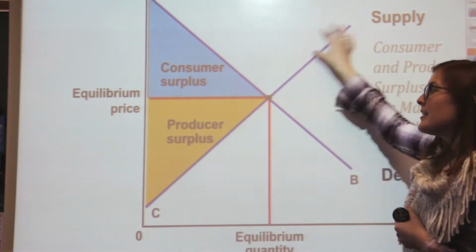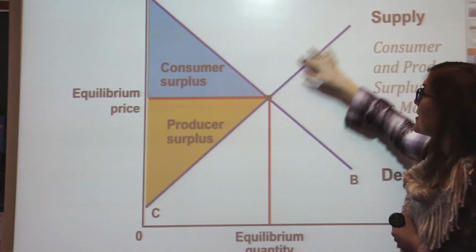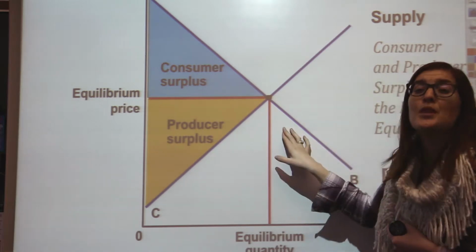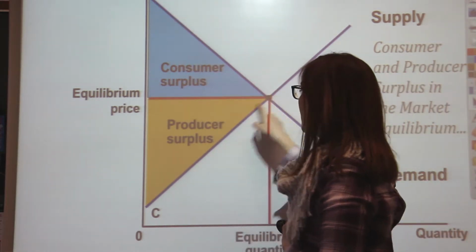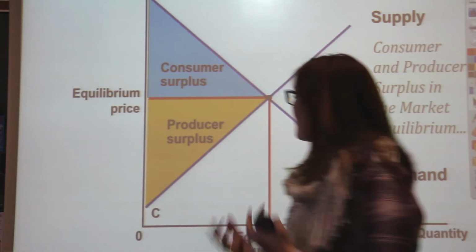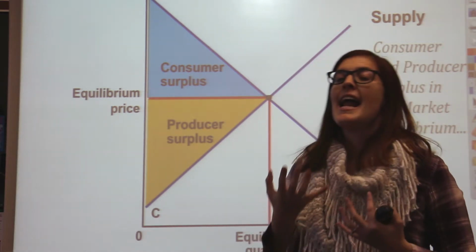Out here doesn't really exist, because this represents producers whose costs are too high to operate in the market, and this represents consumers whose value of the good is too low to buy the product in the market. So we're really looking at this area right here. That's our surplus.